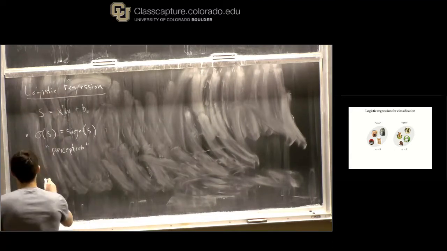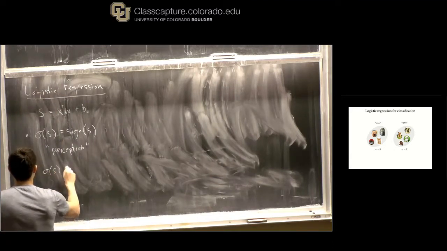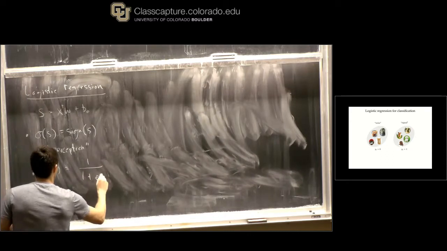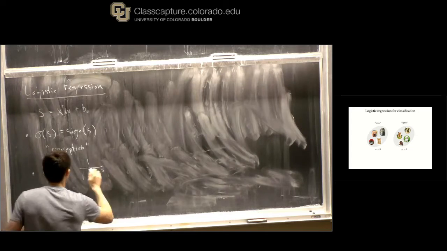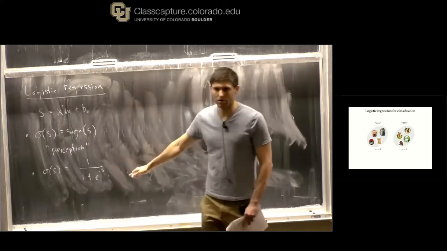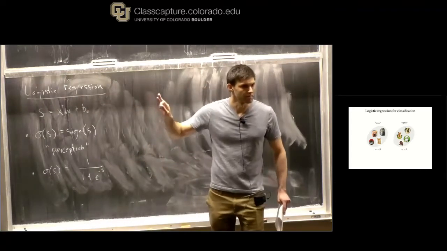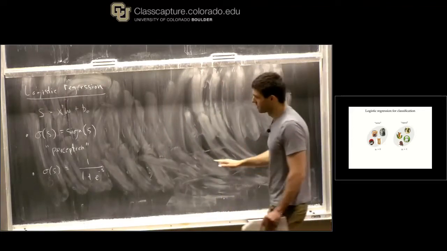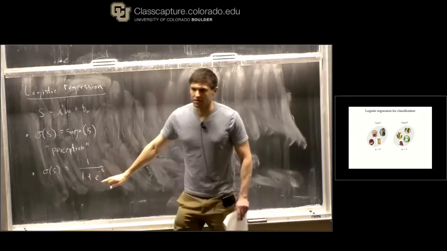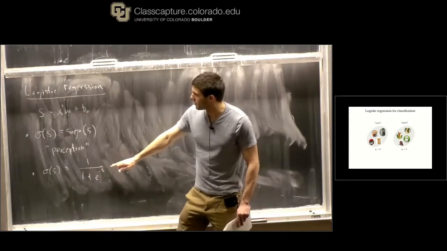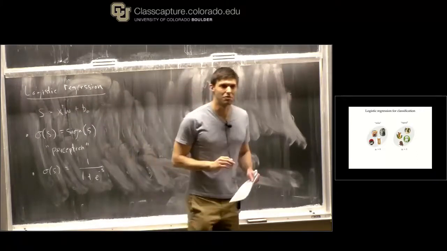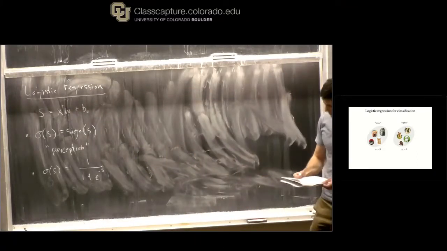Instead, if we have sigma be something that looks like this, then as S goes from minus infinity to infinity, our predictions will go from 0 to 1. Right? And there are various ways of justifying this in terms of log odds, and that's actually where the term logistic regression comes from. But in 3 minutes, I'm not going to go there.